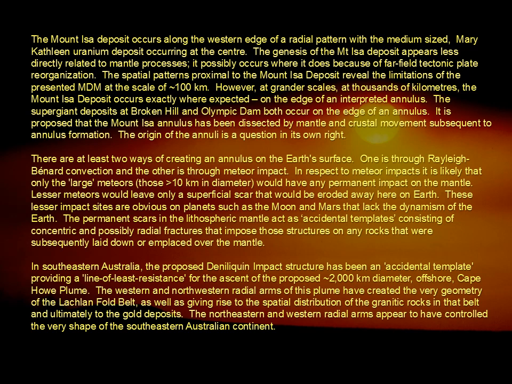The western and northwestern radial arms of this plume have created the very geometry of the Lachlan Fold Belt, as well as giving rise to the spatial distribution of the granitic rocks in the belt and ultimately to the gold deposits themselves. The northeastern and western radial arms appear to have controlled the very shape of the southeastern Australian continent.